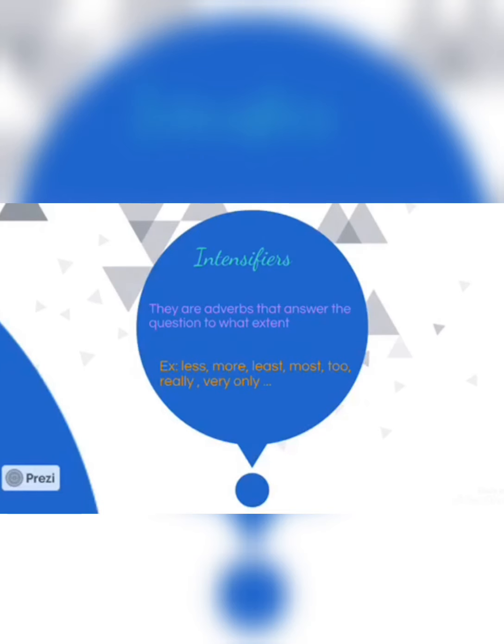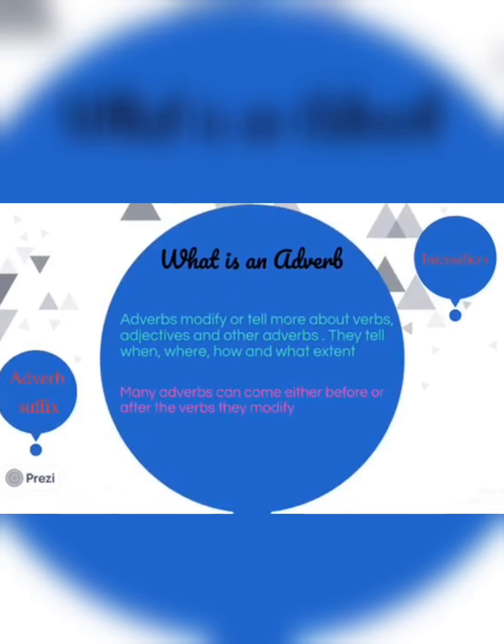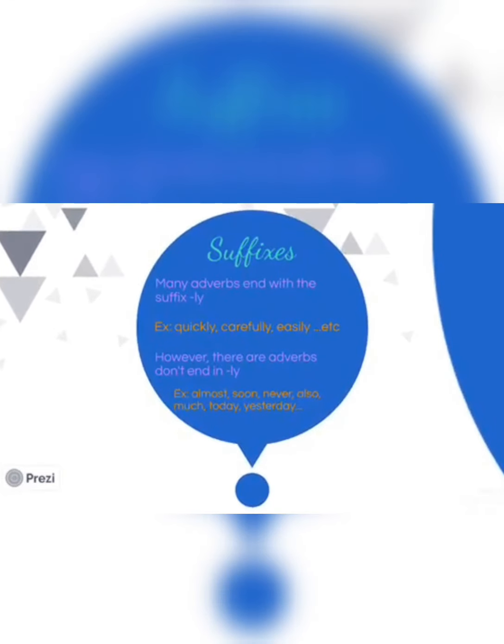Examples: less, more, least, most, too, really, very, only. Suffixes. Many adverbs end with the suffix ly. Example: quickly, carefully, easily, etc. However, there are adverbs that don't end in ly. Examples: almost, soon, never, also, much, today, yesterday.